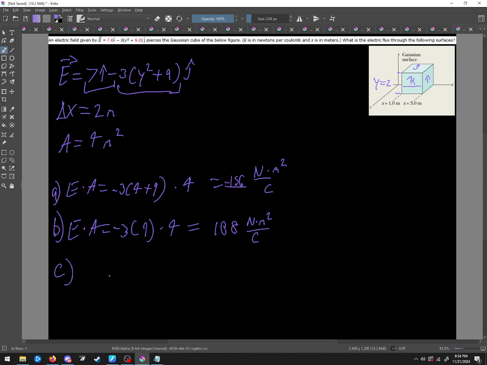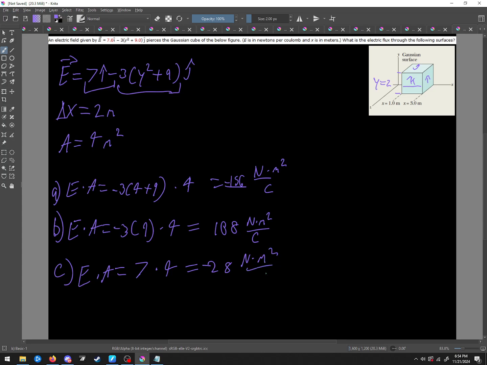And C, they want the left face right here. So that's going to be 7 i hat. So E dot A is going to be equal to 7 times 4, 28. It should be negative. Yeah.